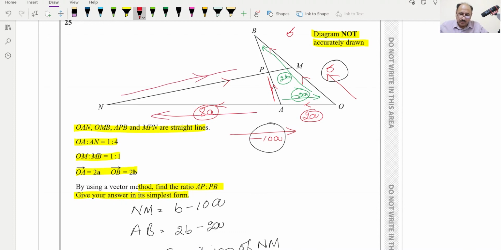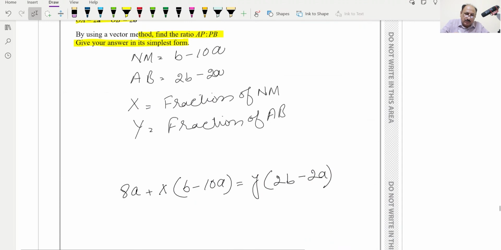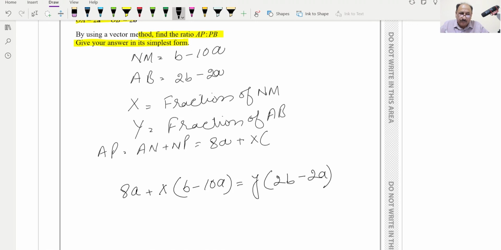So AP is equal to AN plus NP, where AN is equal to 8a, plus NP, which we know is x of NM, so x of b minus 10a.